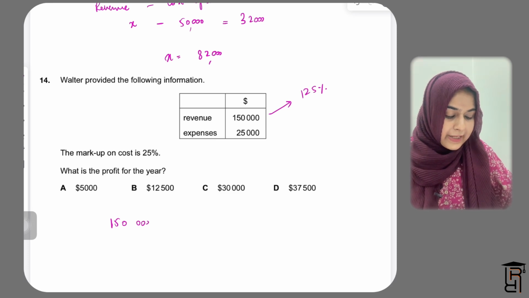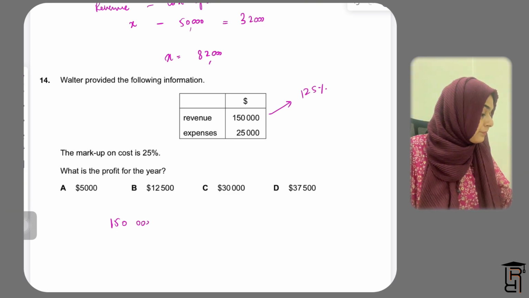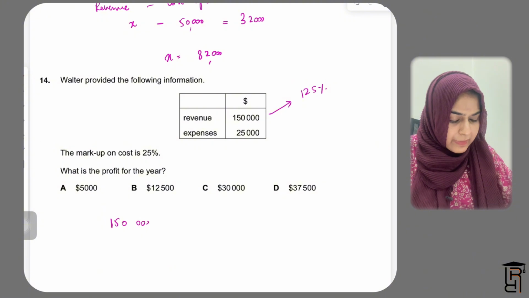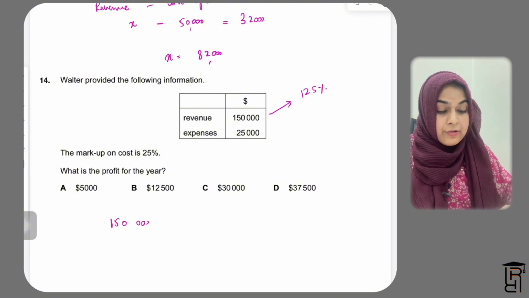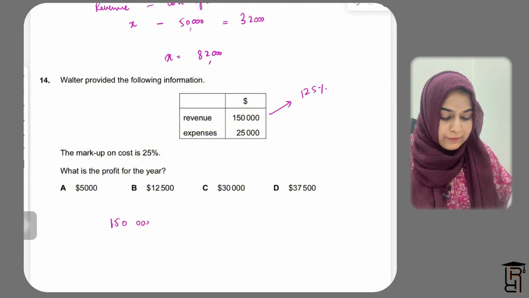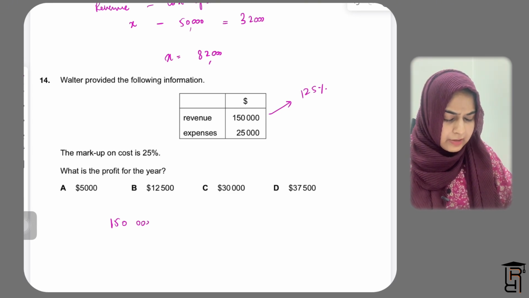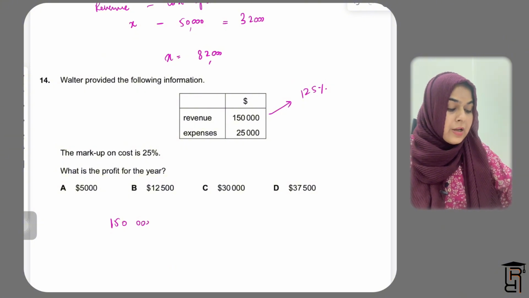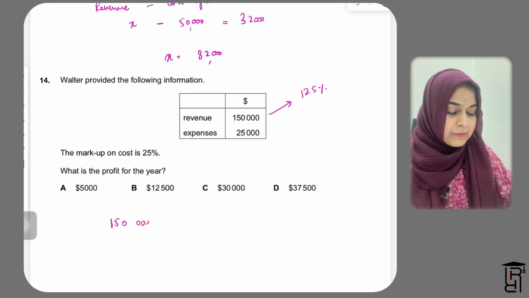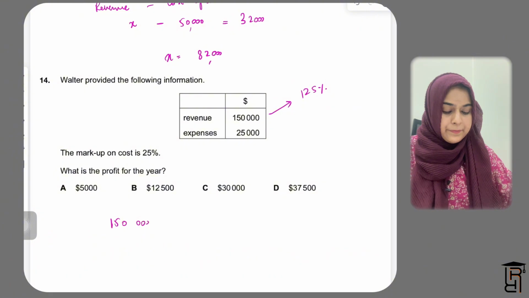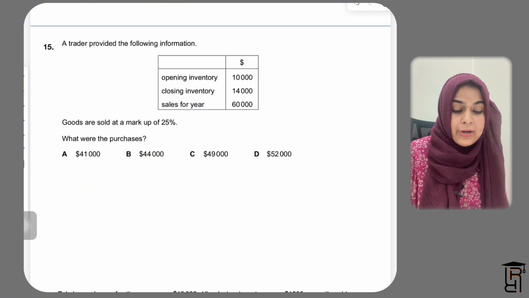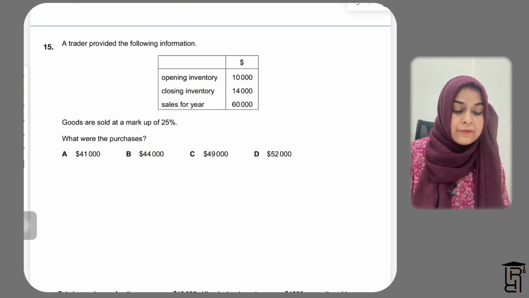When you cross multiply, X will be equal to 120,000, which is my cost of sales. Now revenue 150,000 minus cost of sales 120,000 is gross profit, which is 30,000, and then minus expenses of 25,000 gives me the profit for the year. The answer comes out to be 5,000, which is my profit for the year.